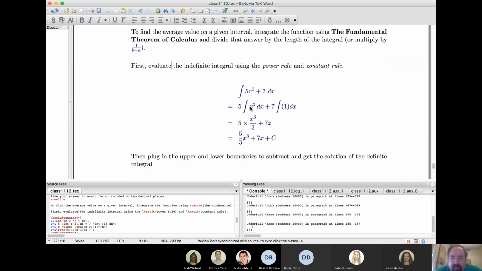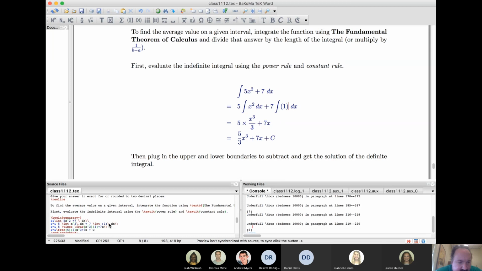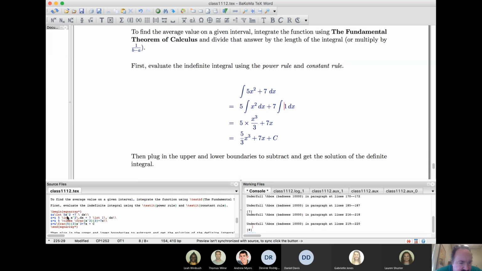So we have 5 times the integral of x squared plus 7 times the integral of 1. So we have 5 times x cubed over 3, then 7x. I have to remember the plus c. So this is our antiderivative.